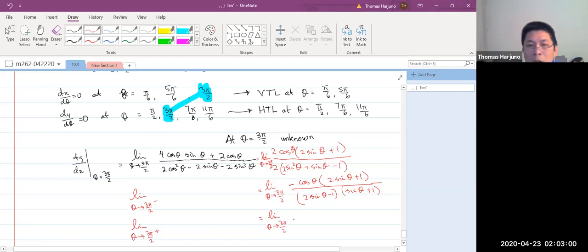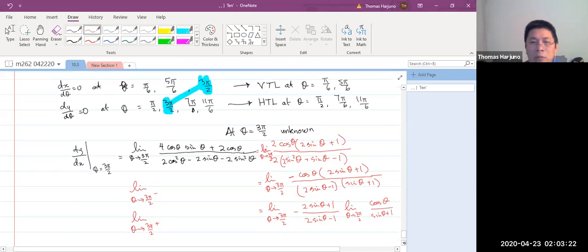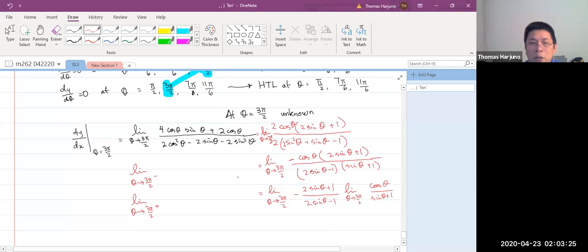I will take this one, the 2 sine theta plus 1 over 2 sine theta minus 1, and then the limit as theta goes to 3 pi over 2 of cosine theta over sine theta plus 1. When I plug in 3 pi over 2, the first one gives us a nice number.